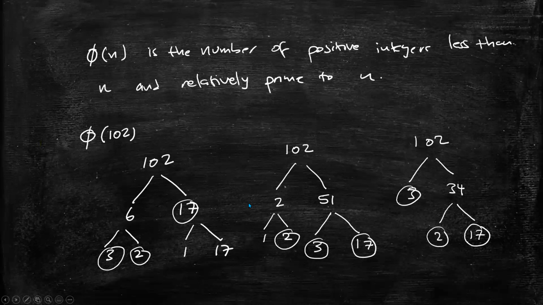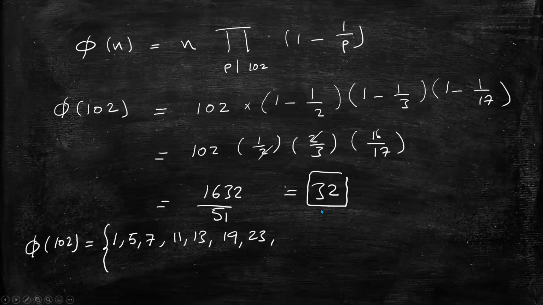In this slide. Okay, so for the sake of time, I'm just going to go ahead and write them down for you: 21, 31, 35, 37, 41, 43, 47, 49.